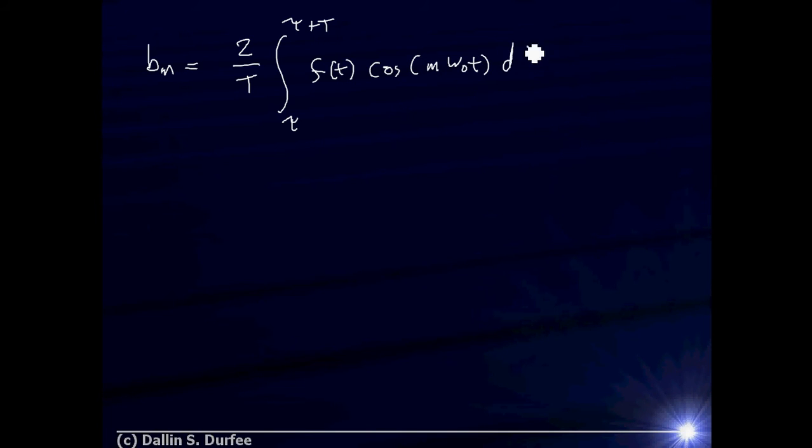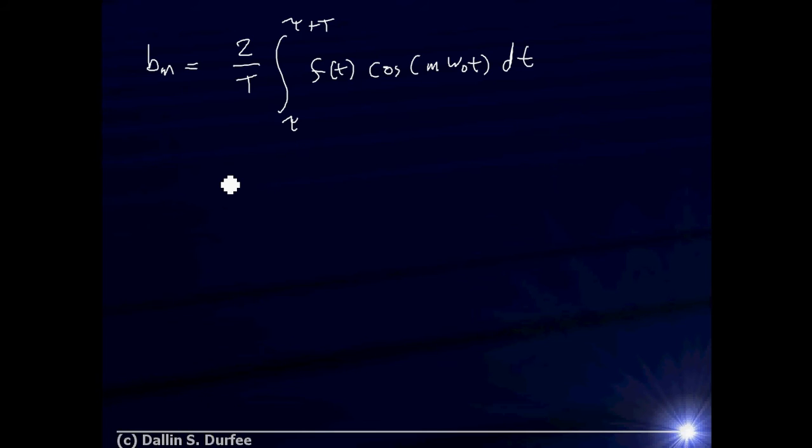For my b sub m's, my formula is 2 over the period, integral from tau to tau plus 1 period, my function times cosine of m omega naught t dt. So I just have to evaluate this integral to find out what b sub m is and how much of all the cosines I need to add together to make my square wave.